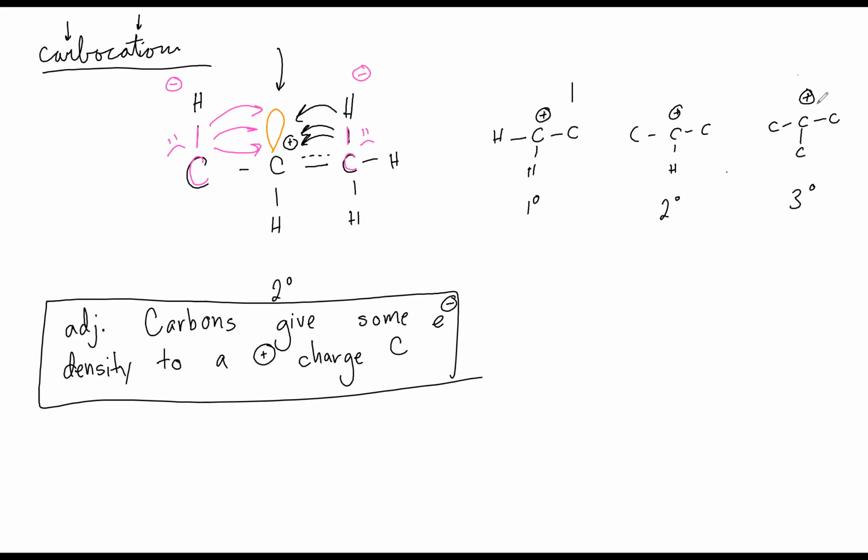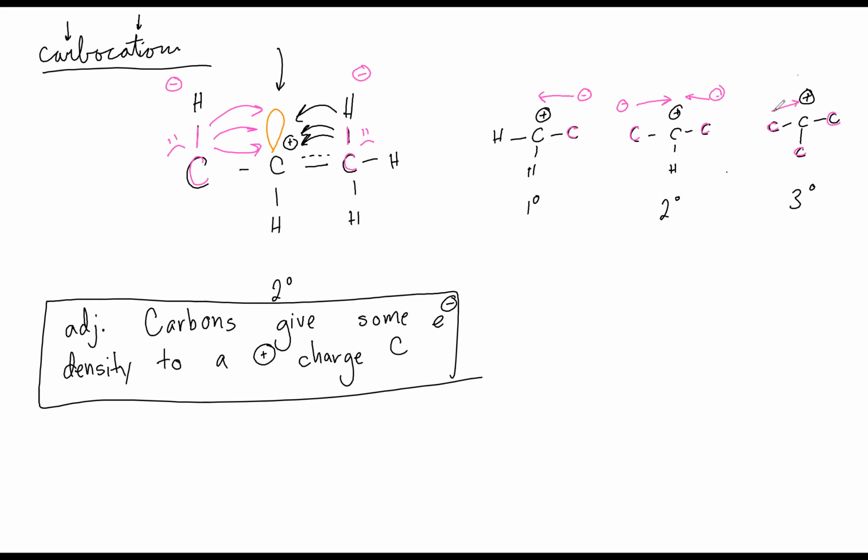And again, we cannot have quaternary carbocations, because that would give the carbon four bonds, and then it would be neutrally charged and couldn't be a carbocation. So we can see that as we add carbons, the hyperconjugation effect increases, because in primary carbocations, this one carbon gives negative charge. In secondary, both of these give negative charges.